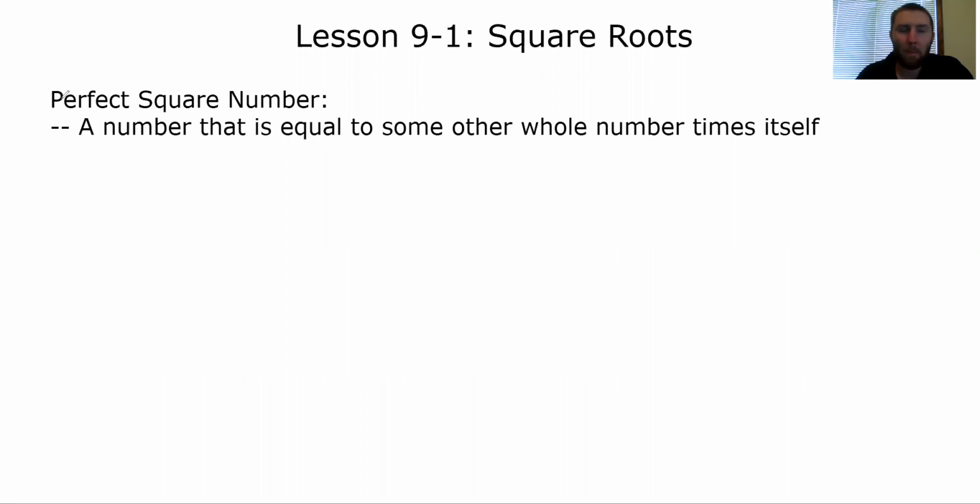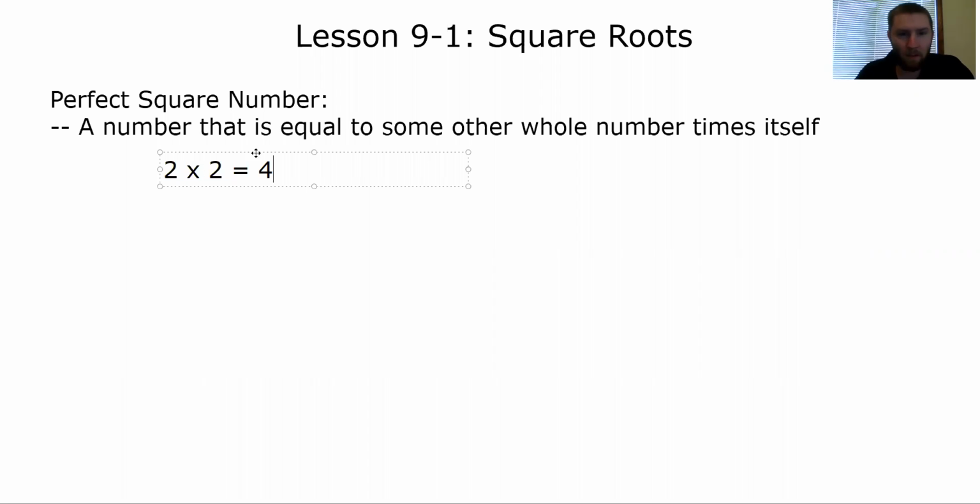number. Okay, a perfect square number is a number that is equal to some other whole number multiplied by itself. Okay, an example would be if I were to do 2 times 2, that would equal 4, right? 2 times 2 equals 4.